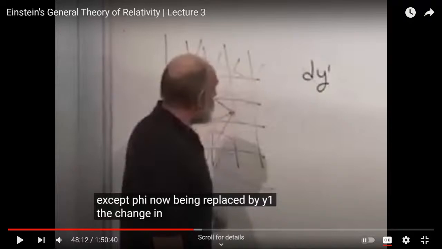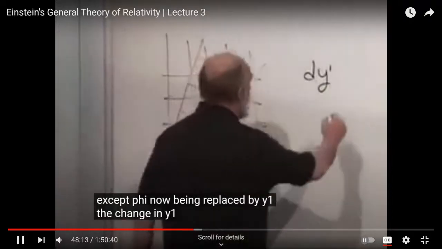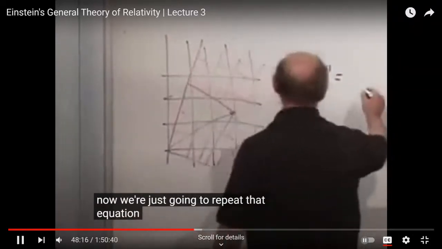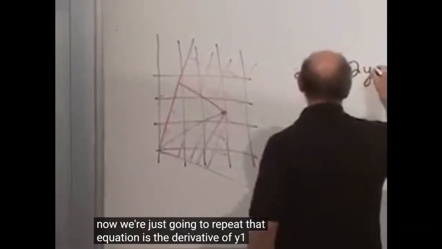And then you're going to do the same thing relative to dx2, and the same thing plus everything relative to dx3, dx4. Okay. Change in y1. I'm just going to repeat that equation.